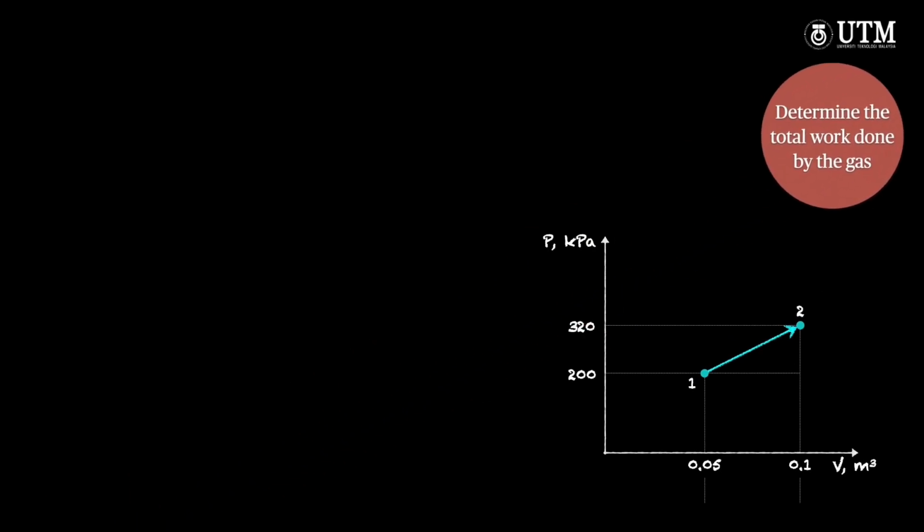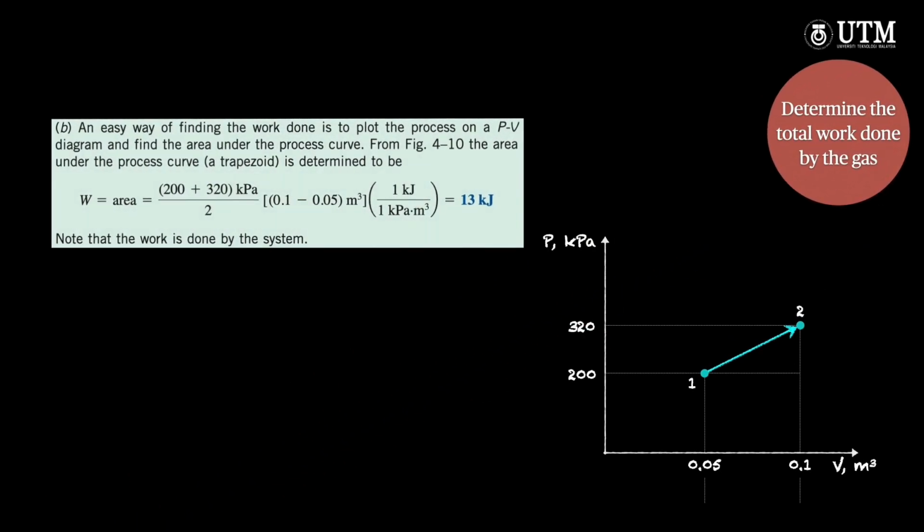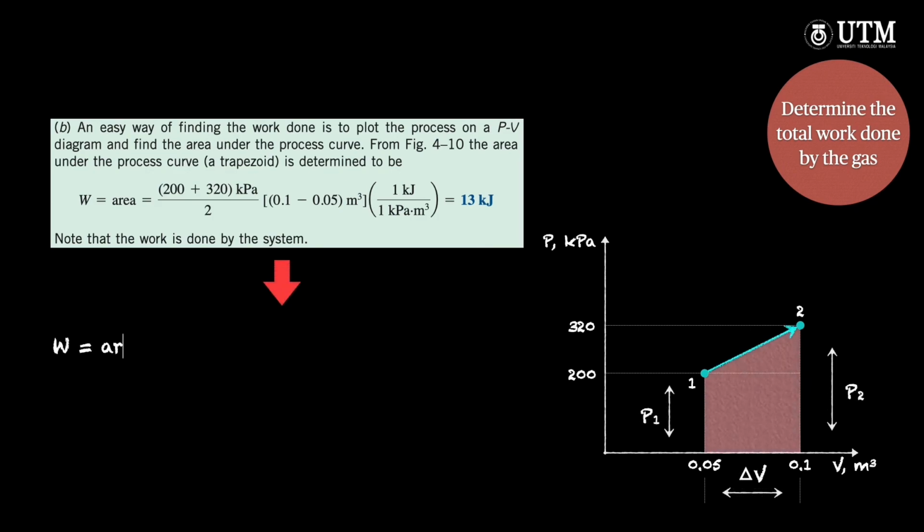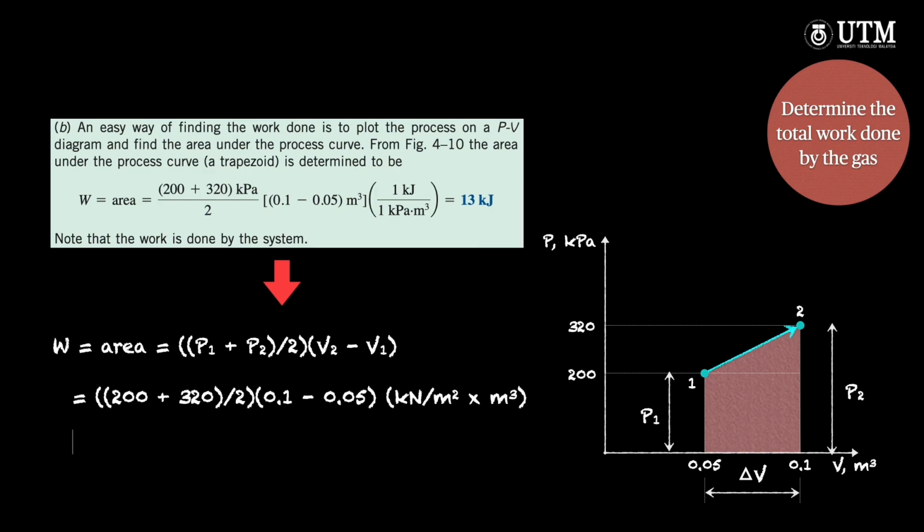The total work done is equivalent to the area under the process curve plotted on a PV diagram. The area under the process curve is a trapezoid, as described in the illustration. Thus, the total work done comes to be 13 kilojoules.